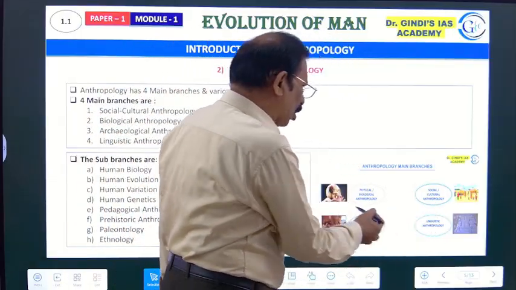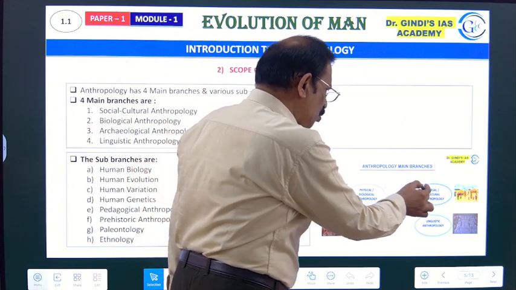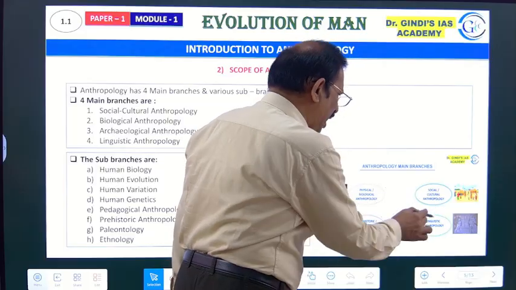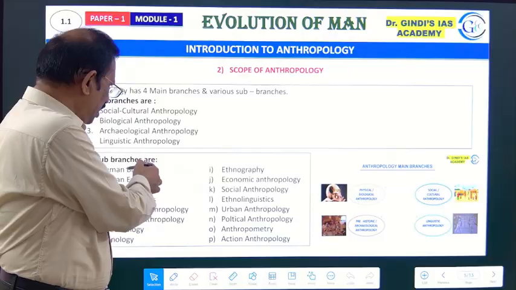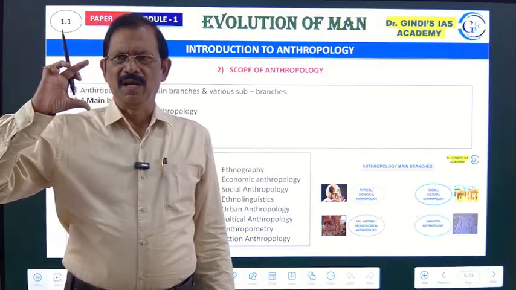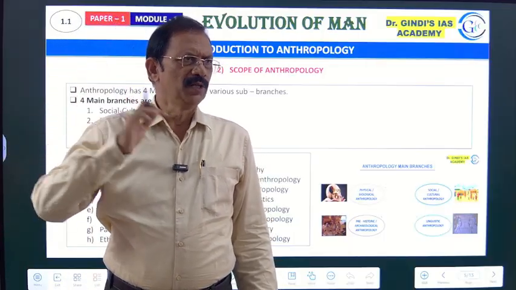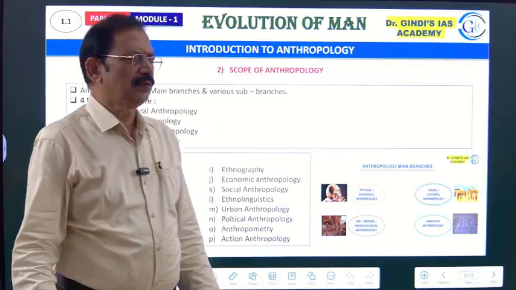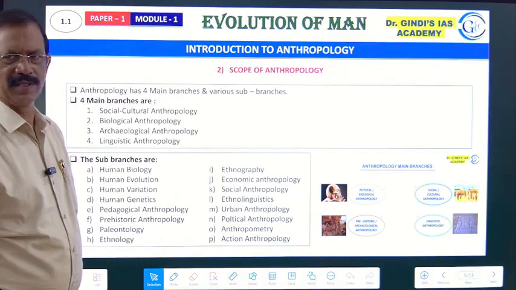The four main branches are physical anthropology, prehistoric archaeology, socio-cultural anthropology, and linguistic anthropology. So these are the sub-branches of these main branches. Just a paragraph like that. Four or five lines just to read about these sub-branches, that is enough. So various sub-branches are there.